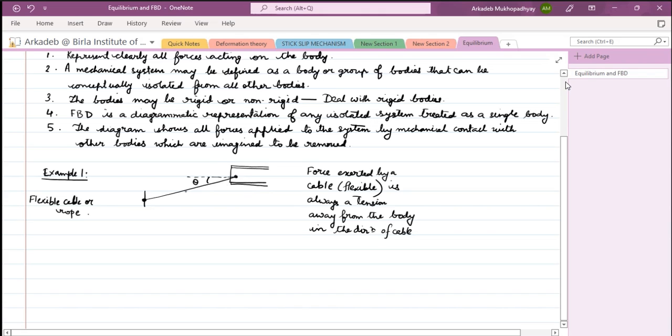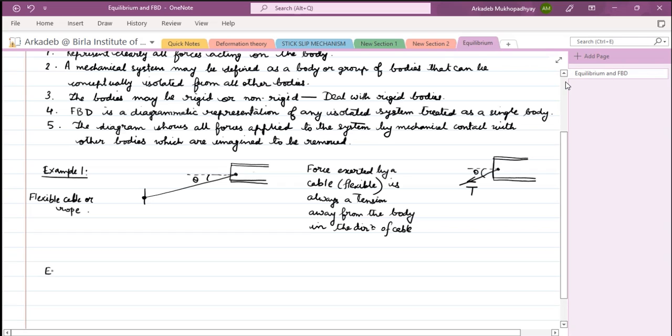So what will be the force acting on this body by this string? It will be something like this. So your tension will be in this direction at an angle theta, right? This is one example.